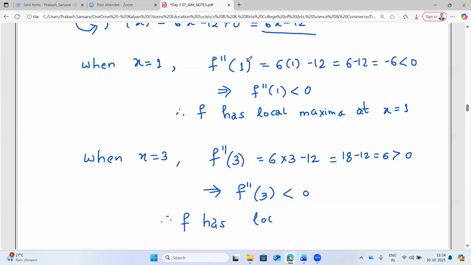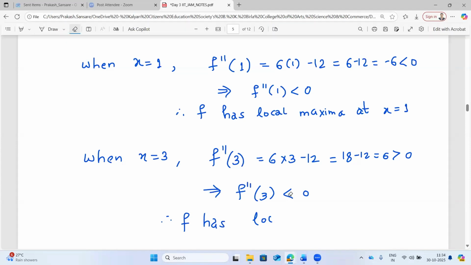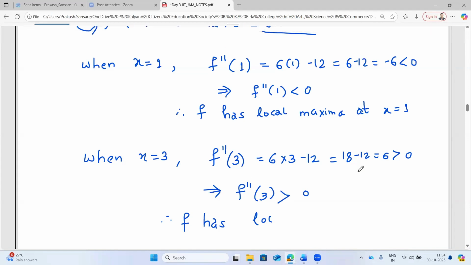I have written this wrongly, it should be positive, right? Because f double dash at 3 is 6, which is greater than 0. So therefore, f has local minima at x is equal to 3.